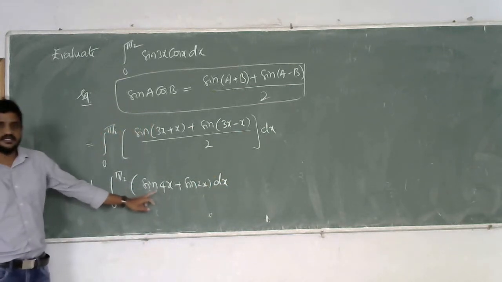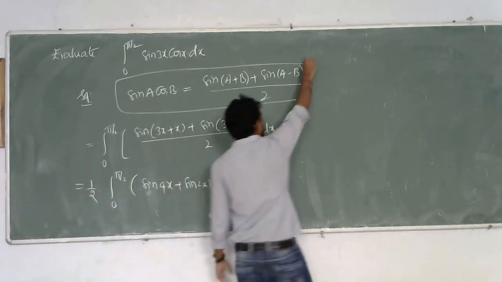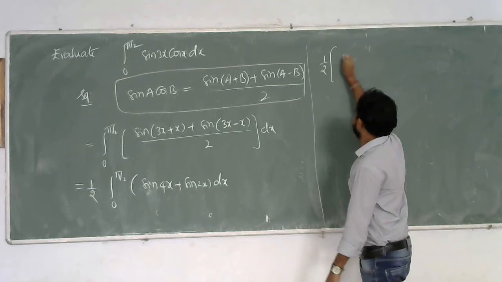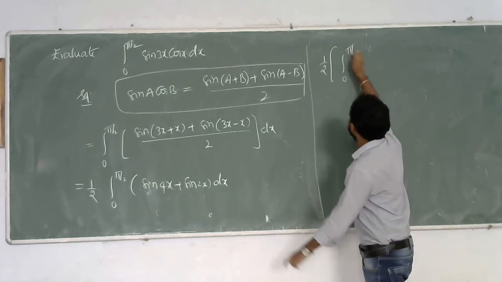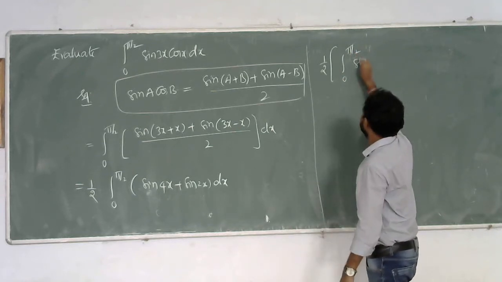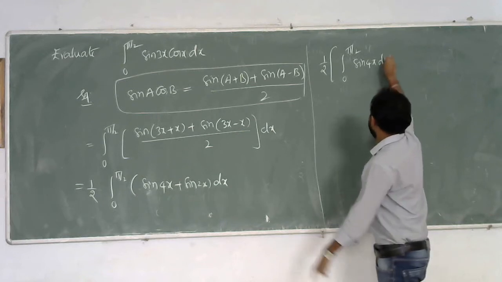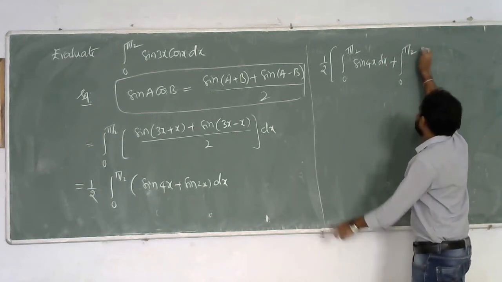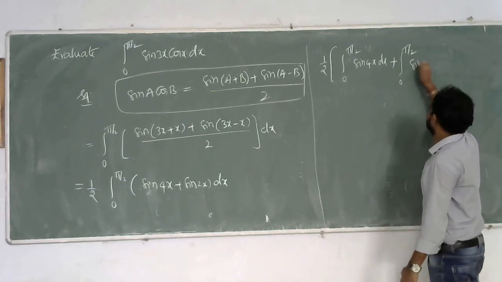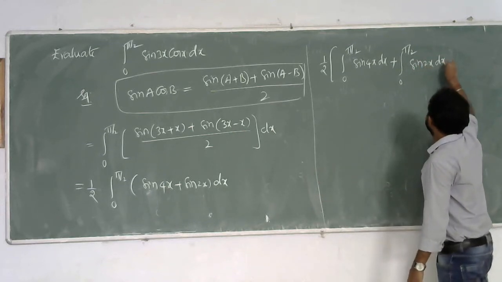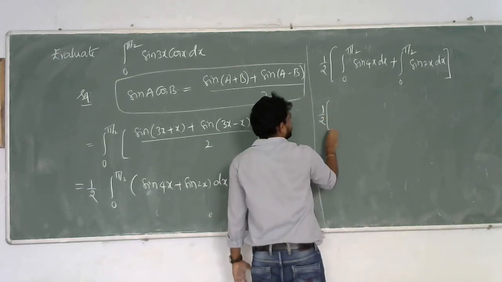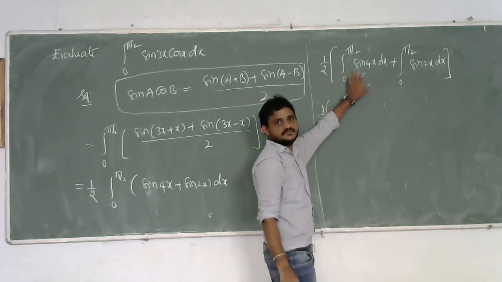Now let us make this separate. So 1 by 2 of integral 0 to pi by 2, first term sin 4x dx, plus second term integral 0 to pi by 2 sin 2x dx. So 1 by 2 of the integration of sin 4x.